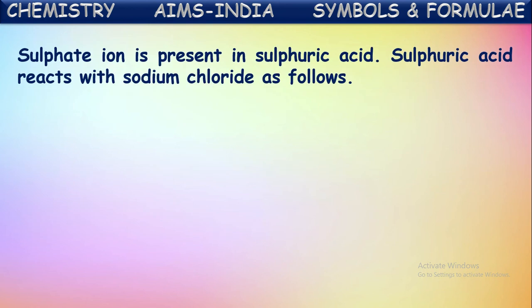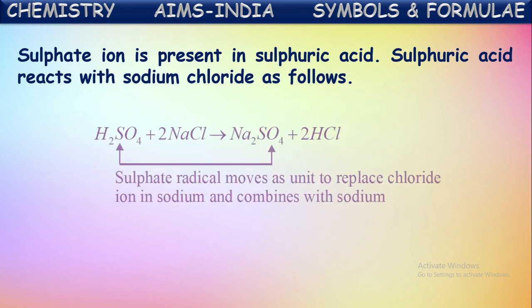Sulfate ion is present in sulfuric acid. We know the sulfuric acid formula is H2SO4. Sulfuric acid reacts with sodium chloride as follows. See here, this is H2SO4, the formula of sulfuric acid.